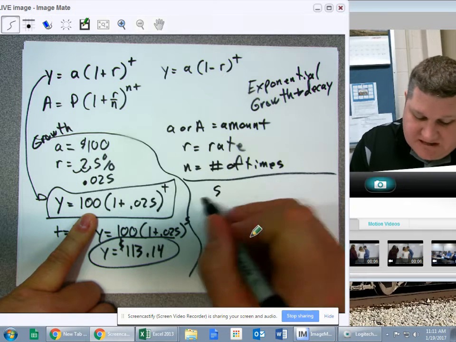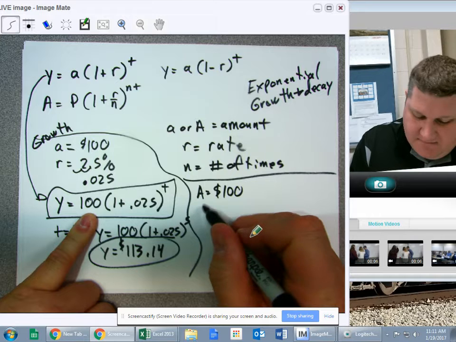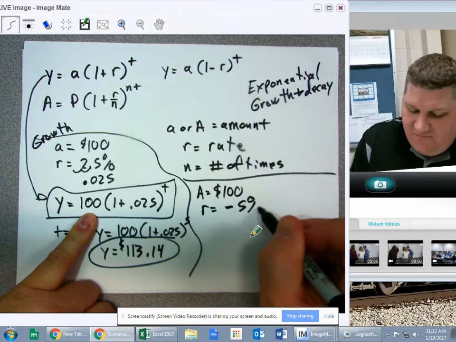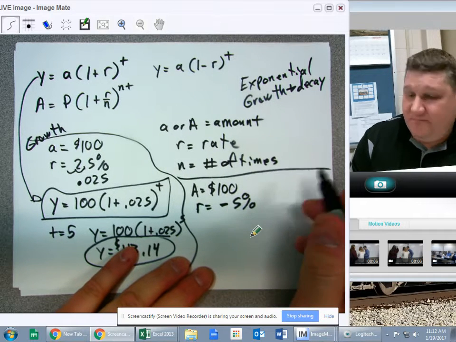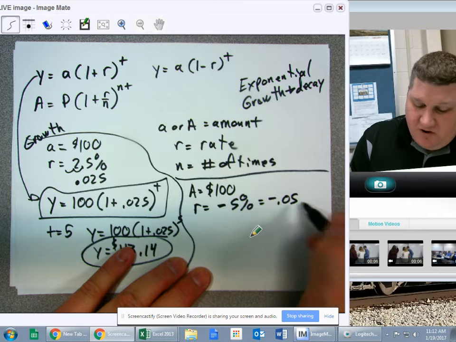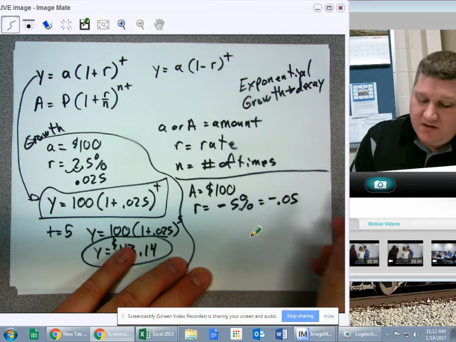So here we go. Start with the same. A is $100, but this time you're going to get a rate of negative 5%. So what do I do for a decimal for negative 5%? Negative 0.05. It's because you move it 2 spots.